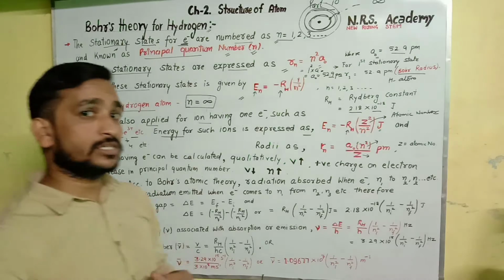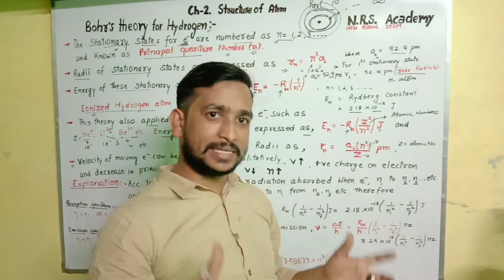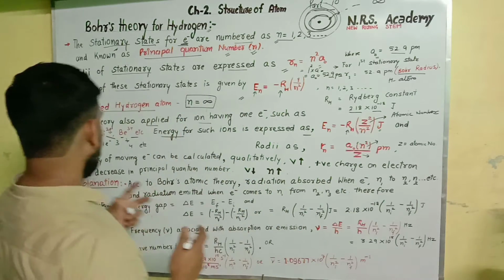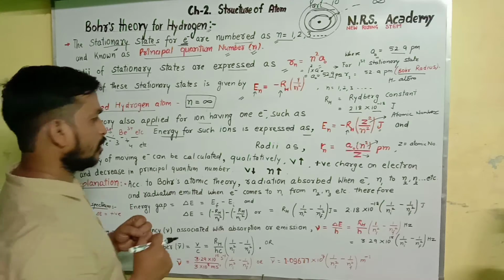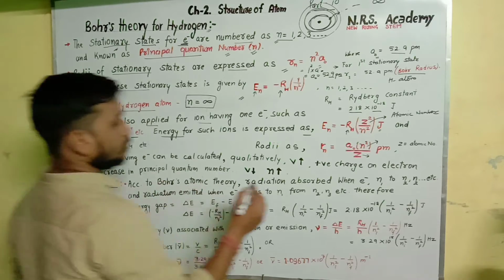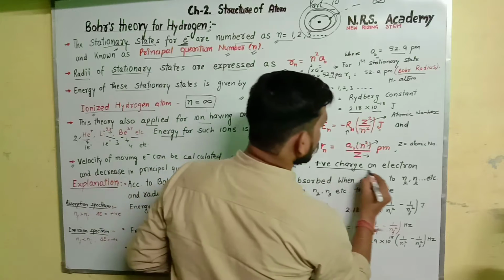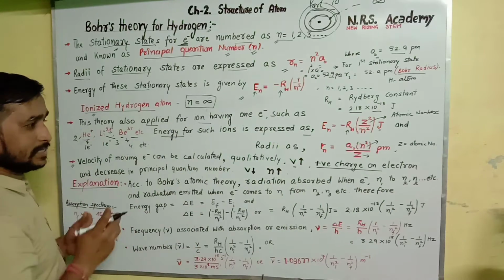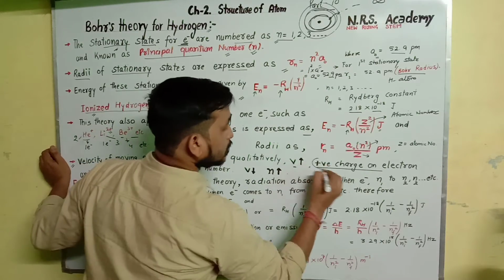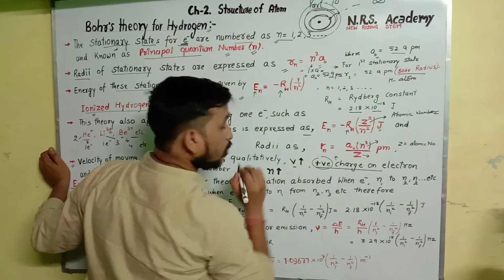The velocity of such a hydrogen atom can be precisely calculated, but here there is no particular formula. The velocity increases if the positive charge increases.